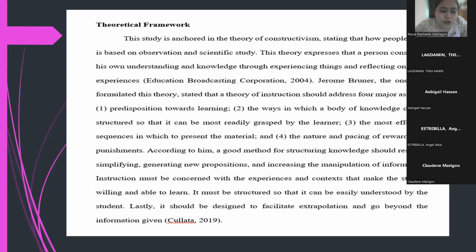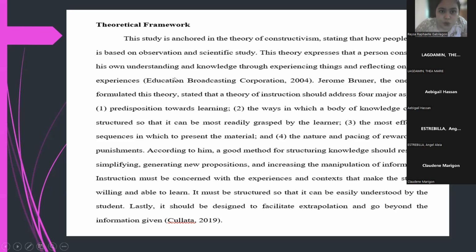So yun yung theory of constructivism. And yun yung theory wherein the study is being anchored. We need to make a laboratory manual kasi the student needs to experience this procedure for them to learn the concept of pharmacology.